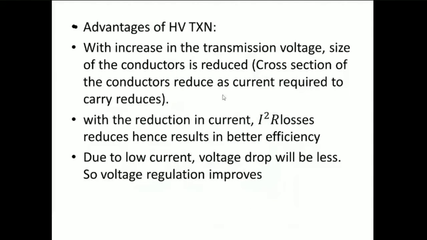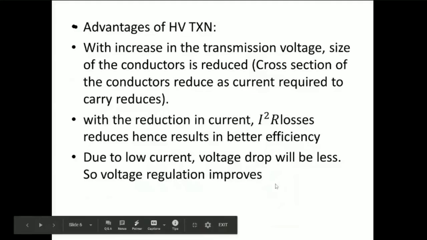Advantages of high voltage transmission. With increase in transmission voltage, the current is considerably reduced. So the size of the conductors are reduced. Cross section of the conductor reduced as the current required to carry is being reduced. With the reduction in current, I²R losses reduces, hence results in better efficiency.